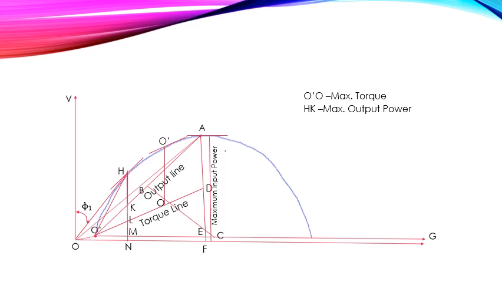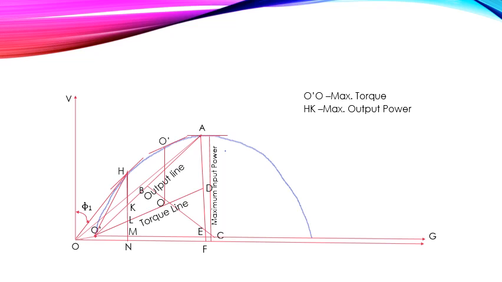So to get the maximum output power, draw perpendicular from point H, and then that will cut the lines O dash A, O dash D and O dash C at the points K, L, M, right? So the HK, that is the vertical intercept HK, indicates the maximum output power.